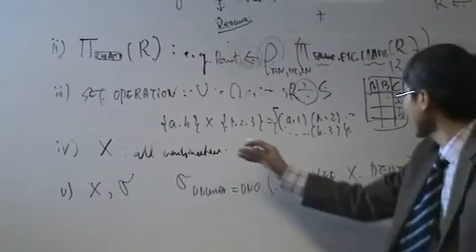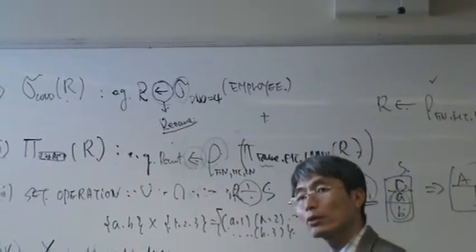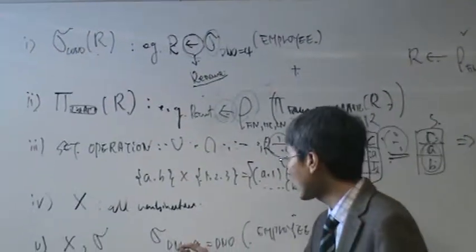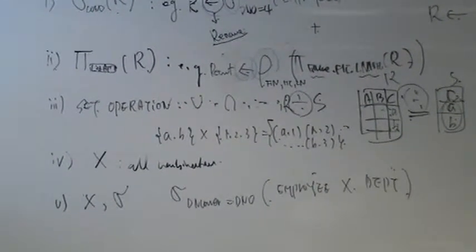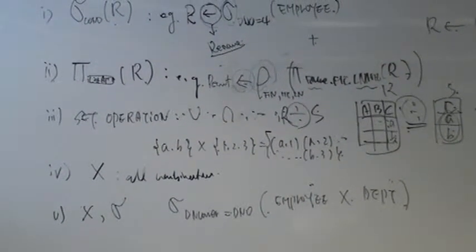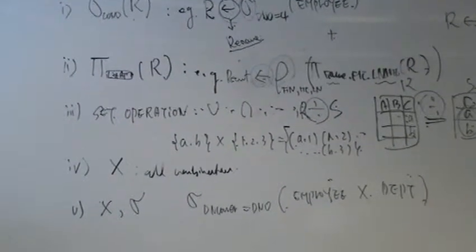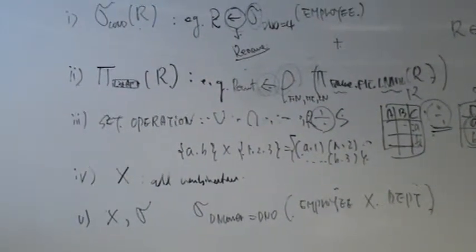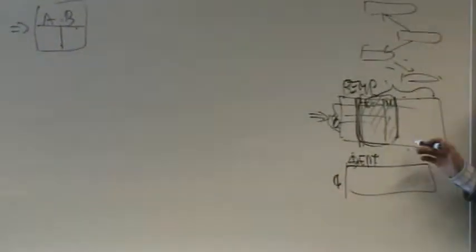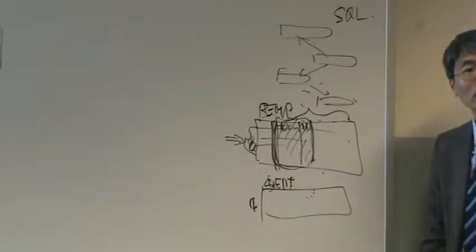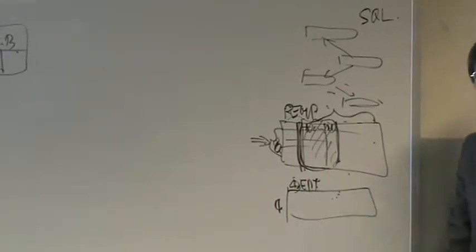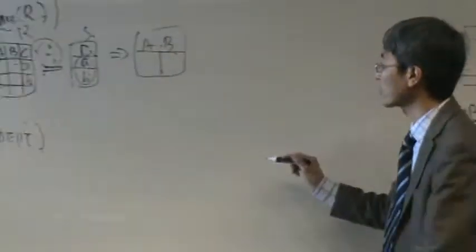Because Cartesian product of R and S takes 2 inputs, then the output of the Cartesian product is also the input of the select operation. Then the select operation is D number is equal to DNO. What does that mean? I'd like to return the employee plus department information for who works for a specific department. Okay? Not exactly the same meaning, but roughly. So we will see the example of that.